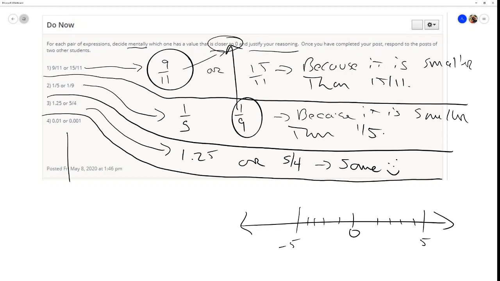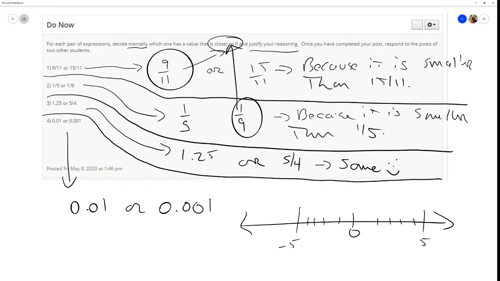All right, last one. 0.01 or 0.001. Decimals. Love decimals. So we have to figure out which one is smaller. Okay, so decimal points, as you move over, the number's getting smaller. So the first one is 1/100th, 2 zeros, and the second one is 1/1000th.